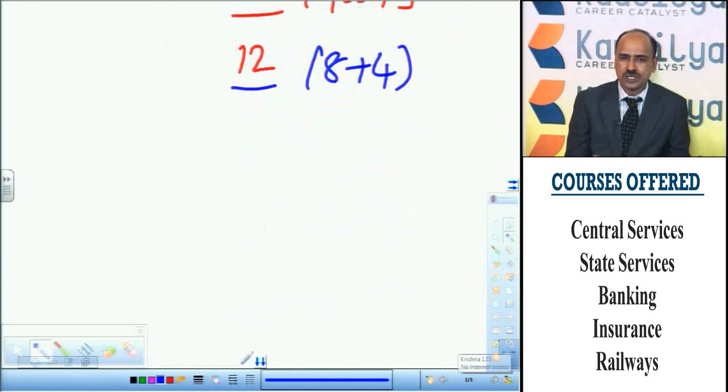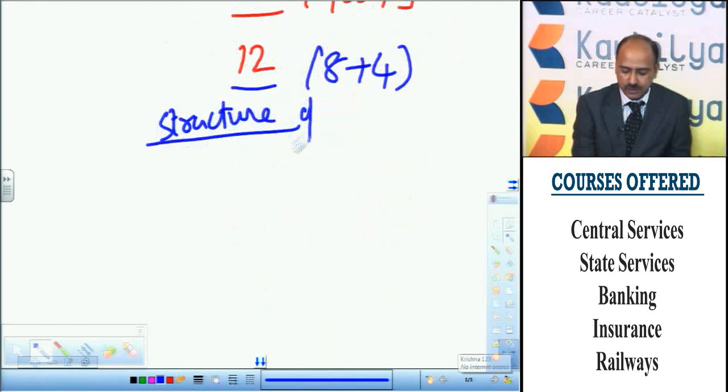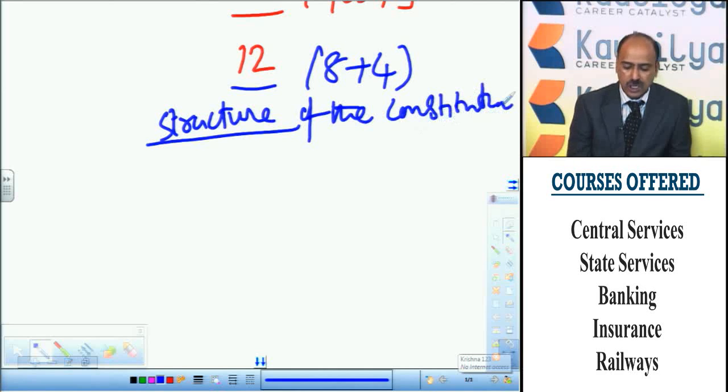Whenever we discuss the structure of the constitution, it is just for the idea and purpose; we have to draw the structure. Our constitution, or any country's constitution, is equal to a textbook.